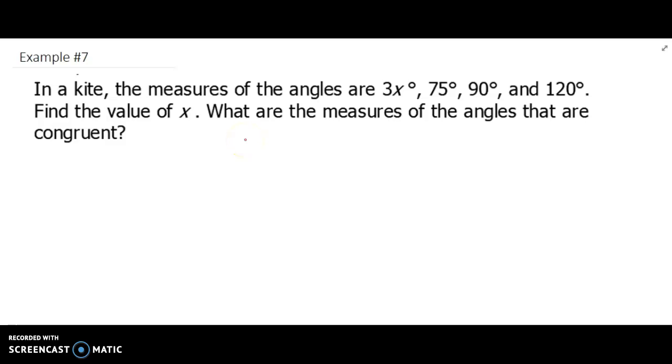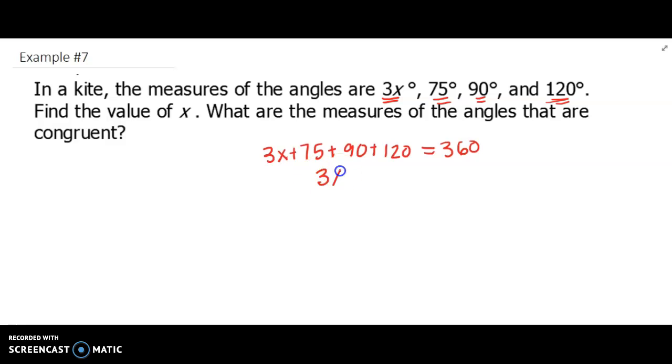All right, so example 7 says, in a kite, the measures of the angles are 3x, 75, 90, and 120. Find the value of x, and then what are the measures of the angles that are congruent. All right, so to find the value of x, once again, it's a quadrilateral, so it all has to add to 360. So I can say 3x plus 75 plus 90 plus 120 equals 360.